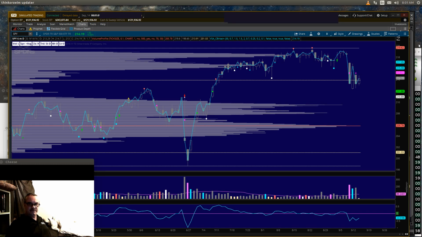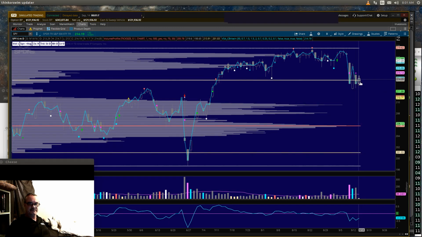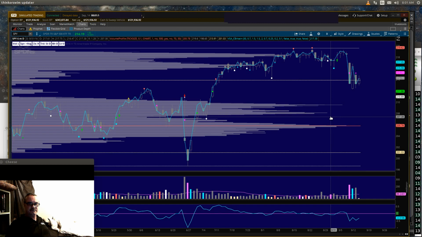I would call this current daily candle, there's not enough volume in there to really call it anything, I don't think. It looks like the market is trying to feel out an area of contention, and these are volume nodes.